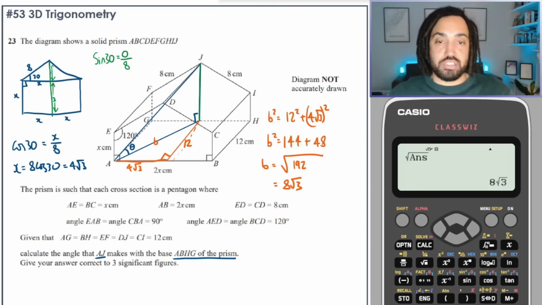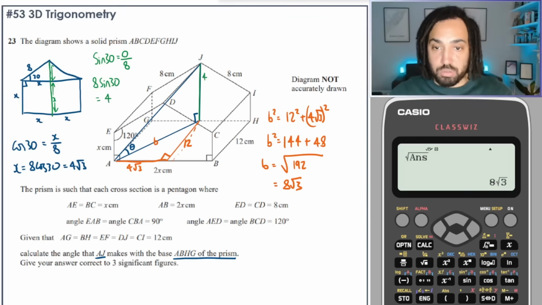So that distance in there is going to be 8 sine 30, which is equal to 4. So we have 4 at the top, and we have x at the bottom, which is 4 root 3.